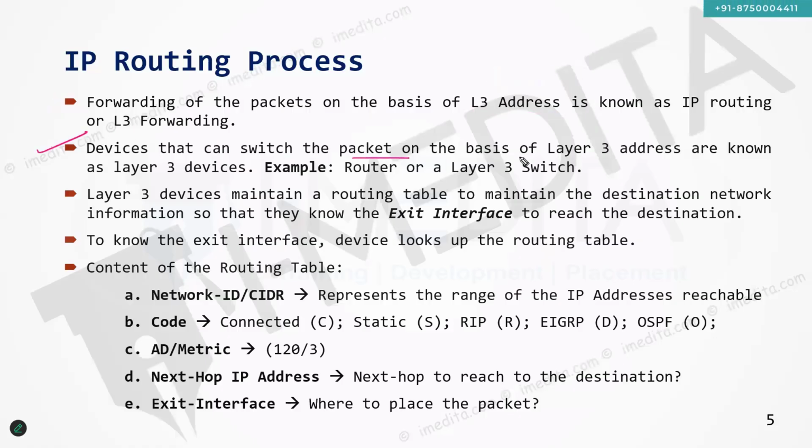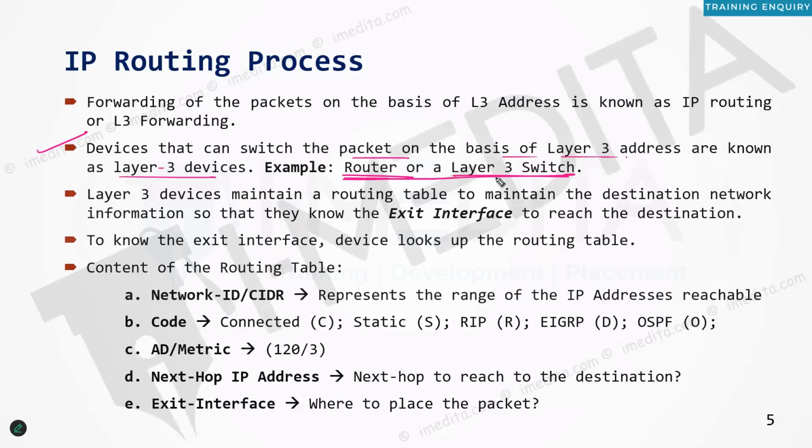Devices that can switch the packet based on the layer 3 address are known as layer 3 devices. Devices that take their forwarding decision based on layer 3 address. Layer 3 address means again the IP address. So the devices that can take their forwarding decision based on the IP address are typically known as layer 3 devices. Common layer 3 devices are routers and layer 3 switches. Others are there as well.